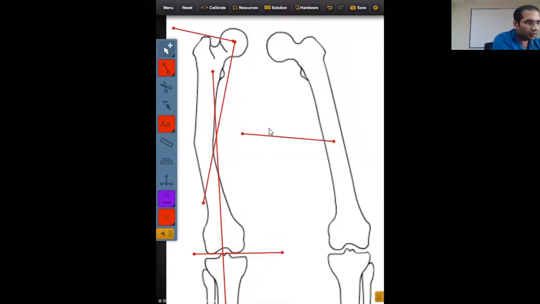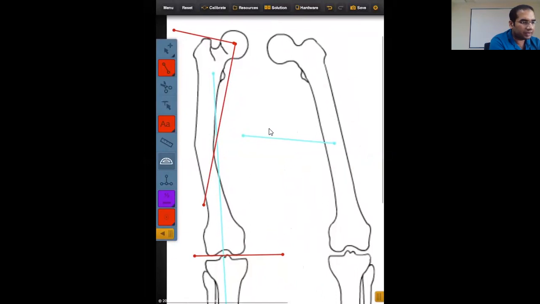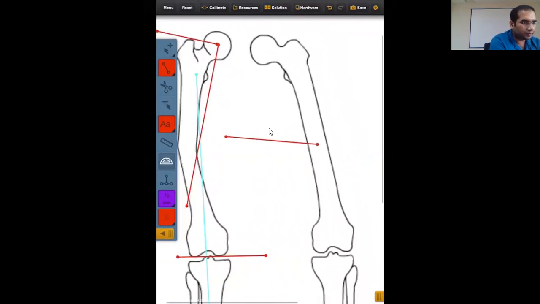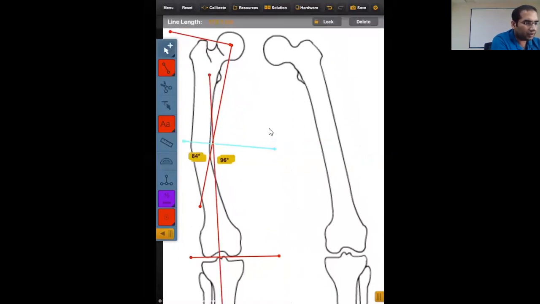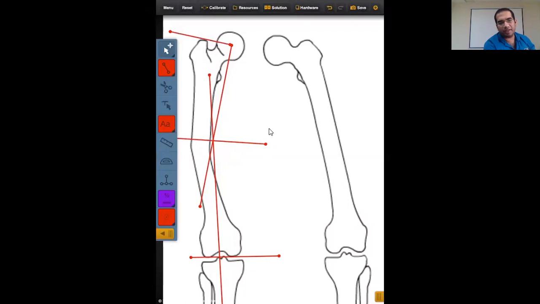As you can see now, the magnitude of the deformity is 14 degrees and the larger angle is 166 degrees. A 173 degrees line would be a mid-diaphyseal line now. This is the angulation correction axis.